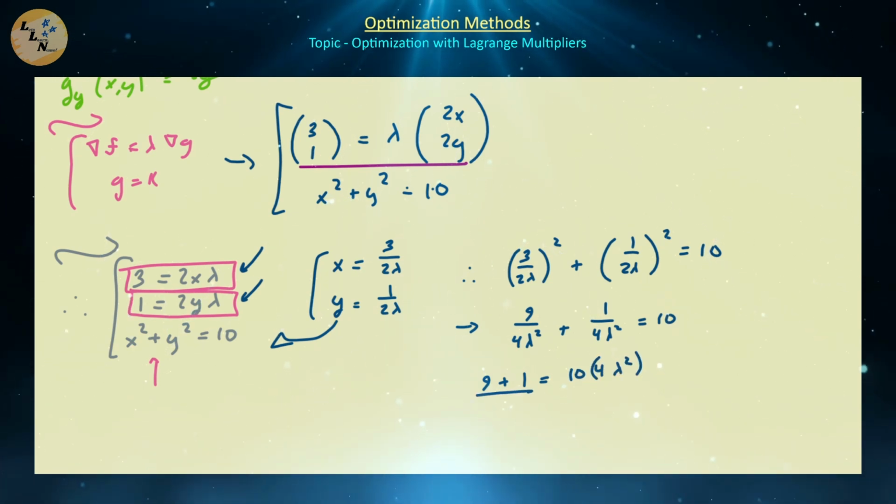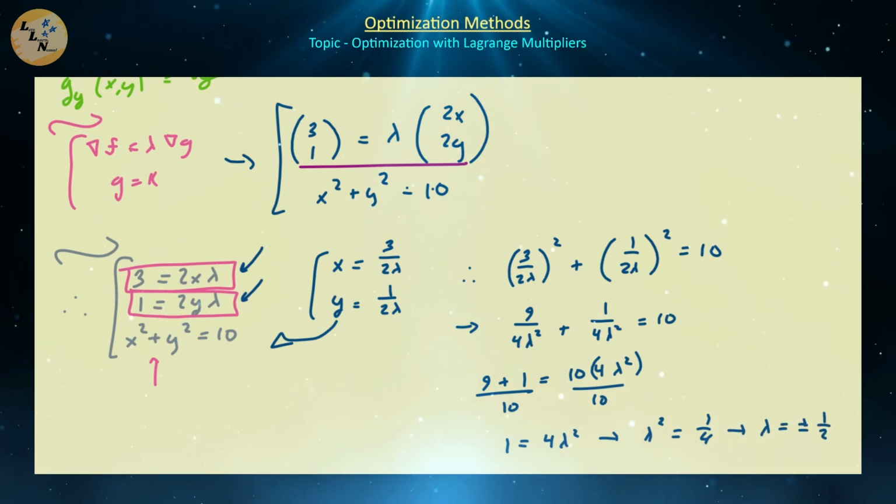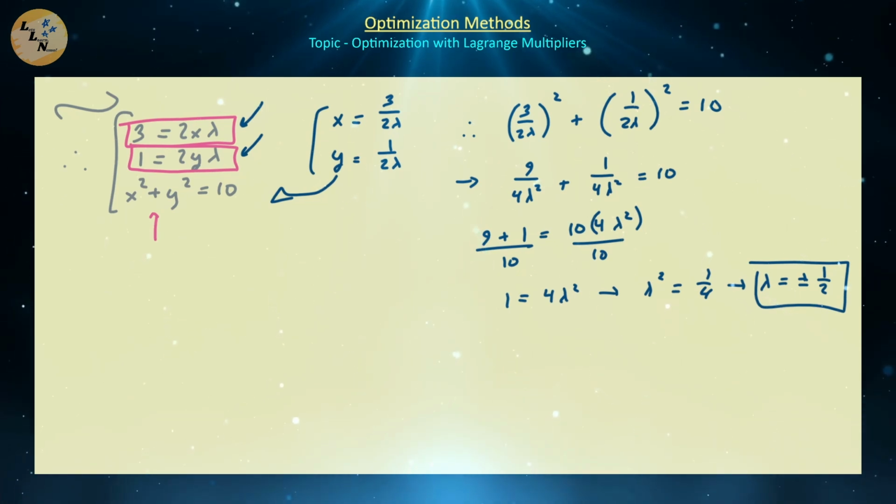That's going to be equal to 10 on the left, and we can divide both sides by 10, and they cancel. And that's going to give us 1 is equal to 4 lambda squared, giving us that lambda squared is equal to 1 divided by 4. And then we can take the square root of both sides, and we have that lambda is equal to plus or minus 1 over 2. So these numbers that we found, let's just bring them over here.